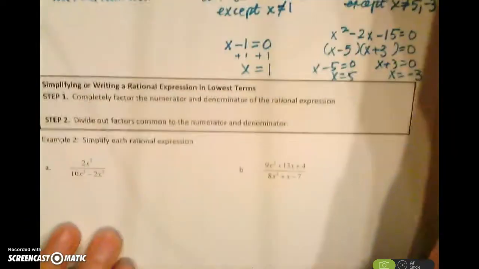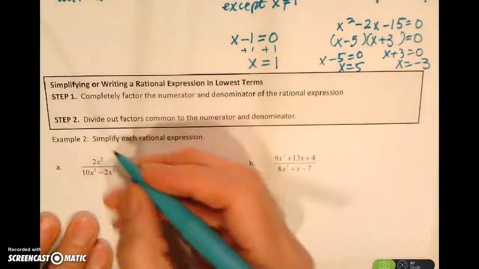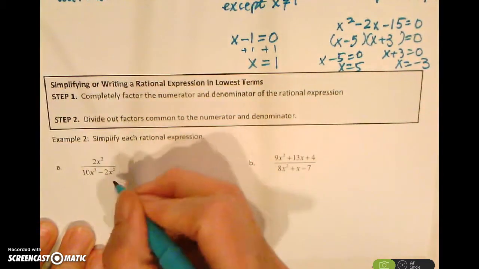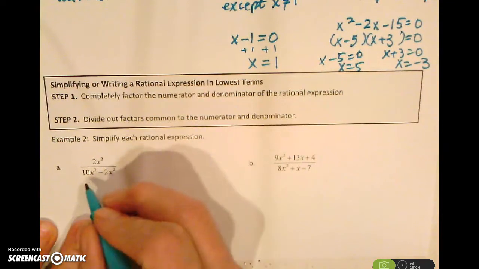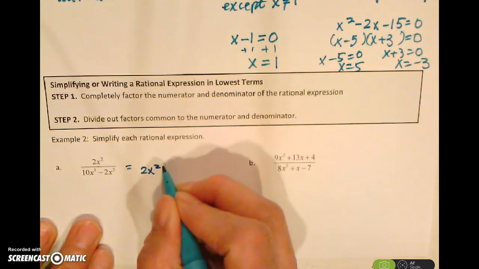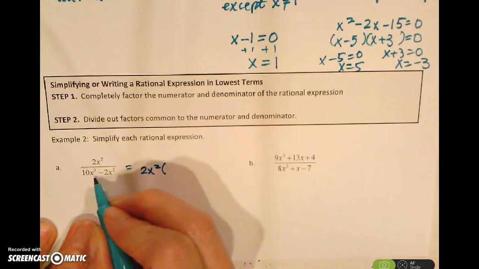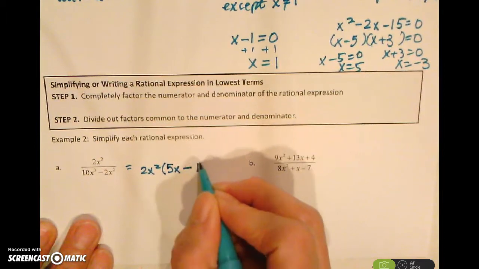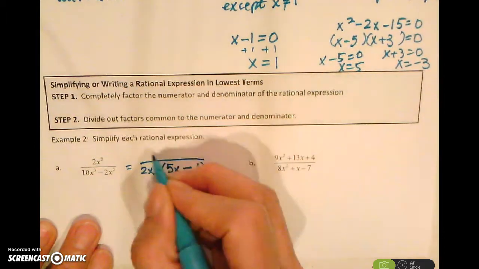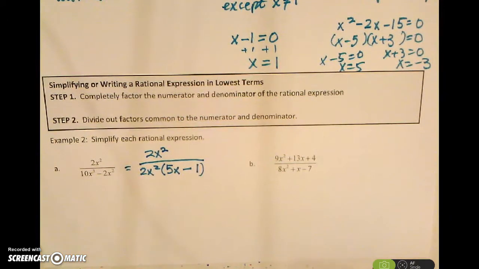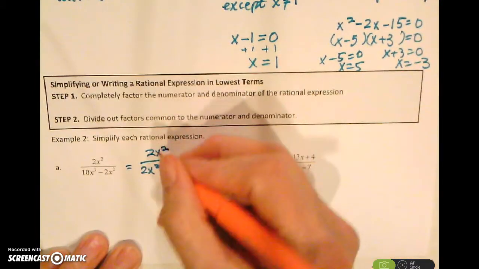So example 2, the numerator is factored. The denominator, when I factor it, is going to have a GCF of 2x squared. So this would be 2x squared, and when I divide into that, that's going to leave me with 5x minus 1. And my numerator is 2x squared. So I'm going to look for factors that are common.